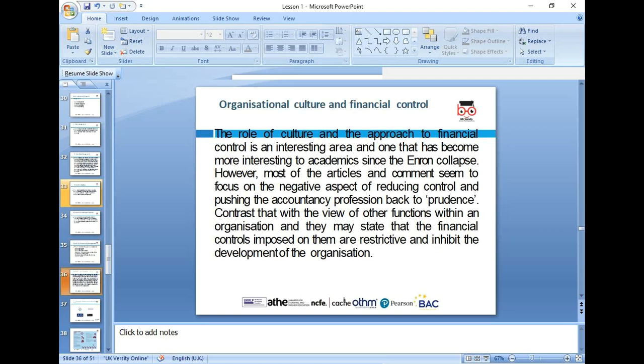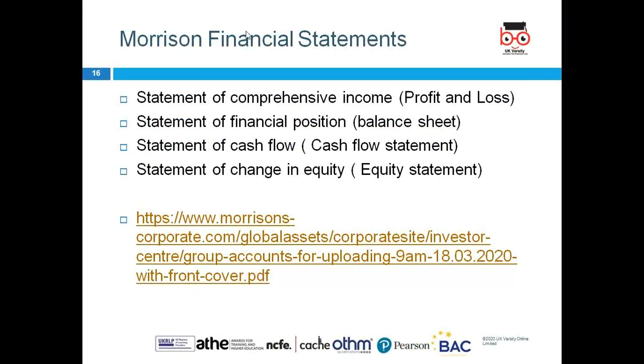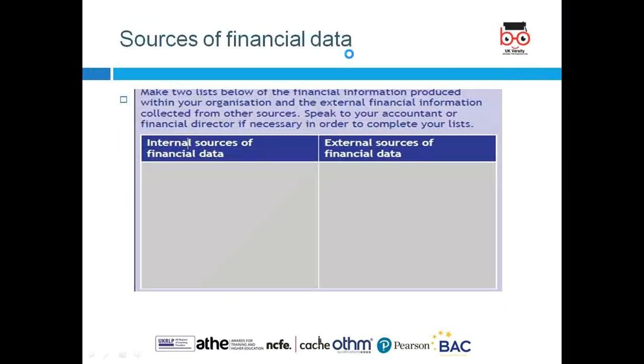Okay, that's all about the culture we can look around in our organization. Now we're looking at creative accounting. Have we heard or seen what happened with these companies? Lehman Brothers, yeah, disappeared, didn't they?